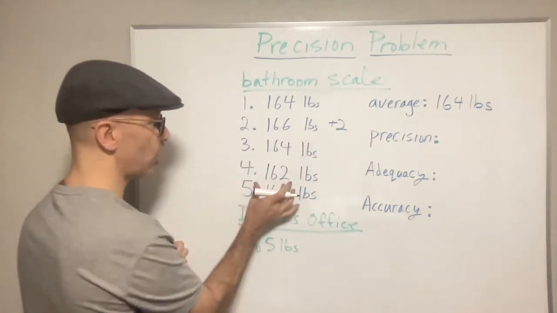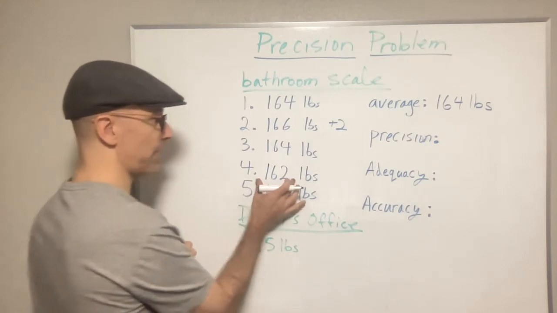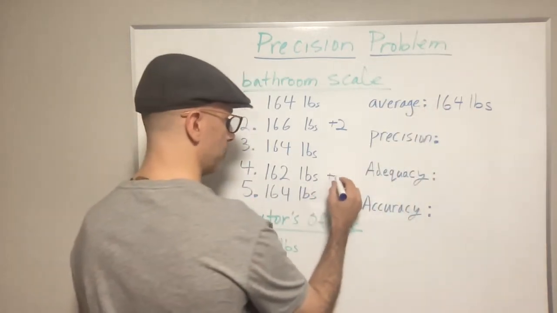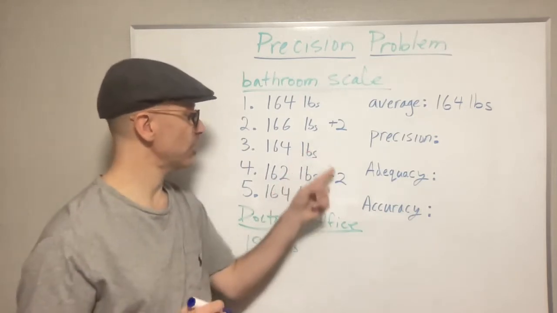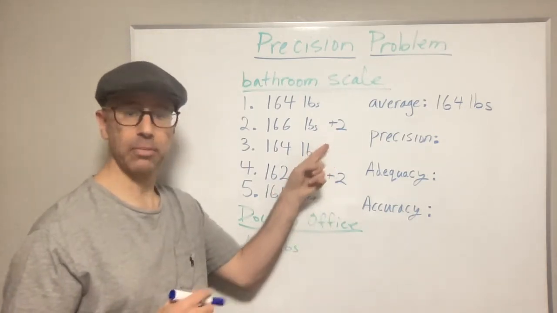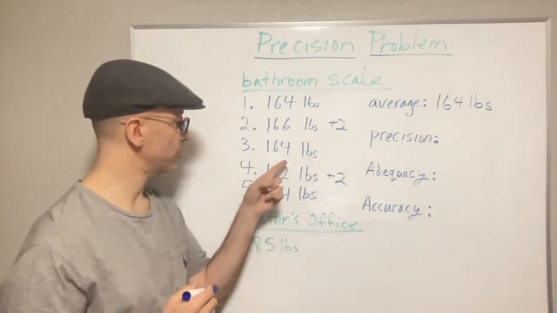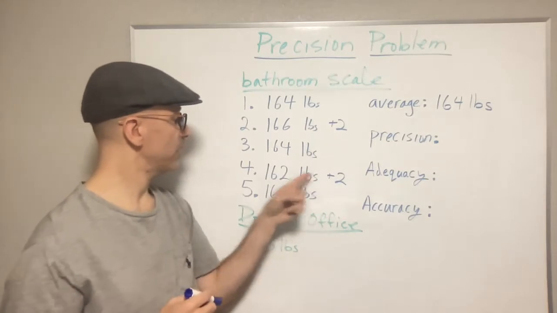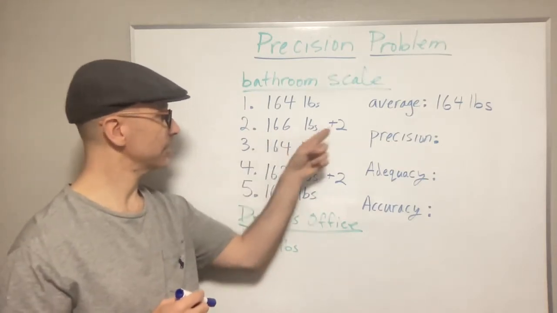And if we look at the lowest value, again, if we subtract the lowest value from the average, that's going to be a difference of 2. And since they're the same, then the precision here is plus or minus 2. So you could see that if this is the average, then 162 is minus 2 and 166 is plus 2.